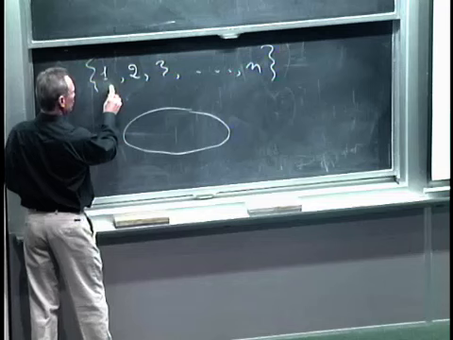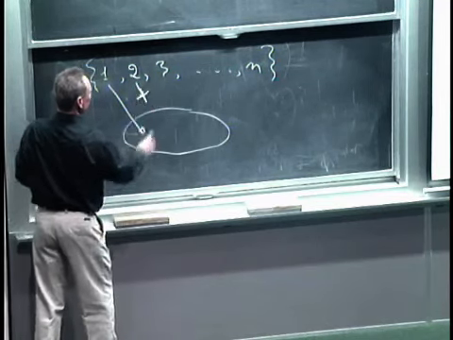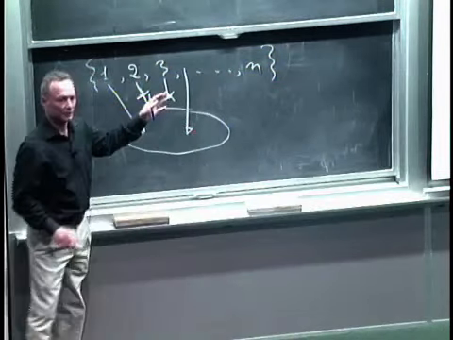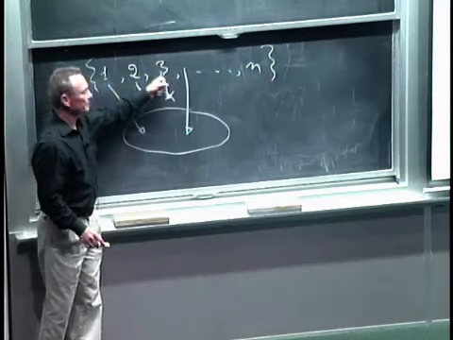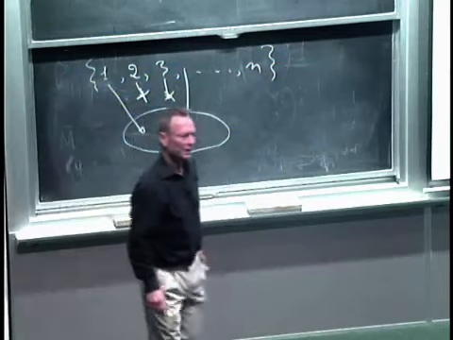For example, I could choose to put 1 in, but 2, I'm not putting it in. 3, I'm not putting it in. 4, I'm putting it in, and so on. So, and that's how you create a subset. You look at each one of the elements and you say, okay, I'm going to put it in the subset or I'm not going to put it.